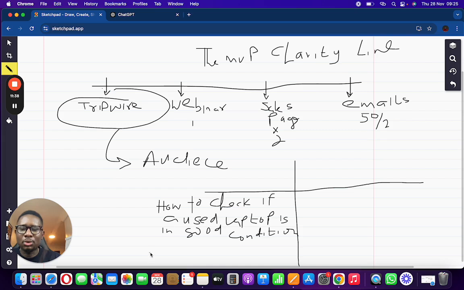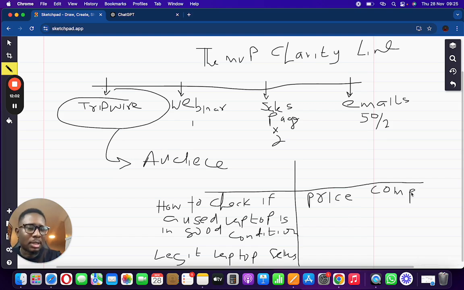So, how to know legit sellers. They want to be sure that they're not going to be cheated, right? And they also don't want to be sold something at an extra price. Good. So now we have the three pieces of information that we can double down on.